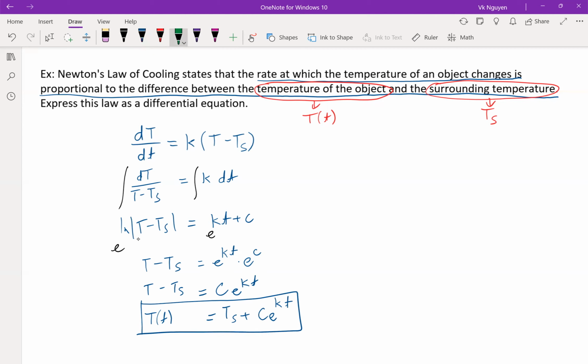Similarly, we can find C using an initial condition. And we can solve for k using another condition.